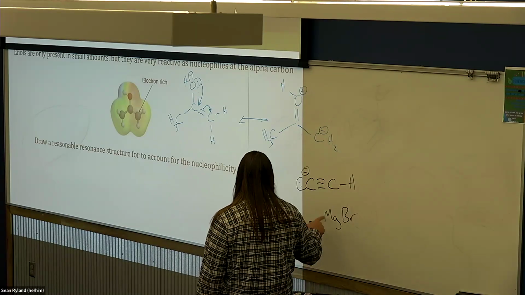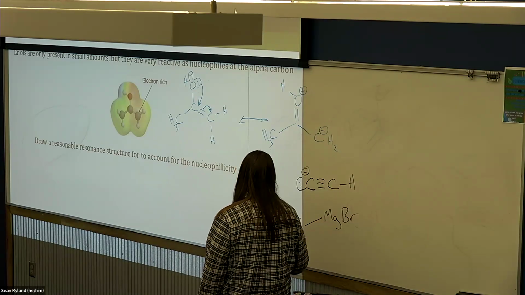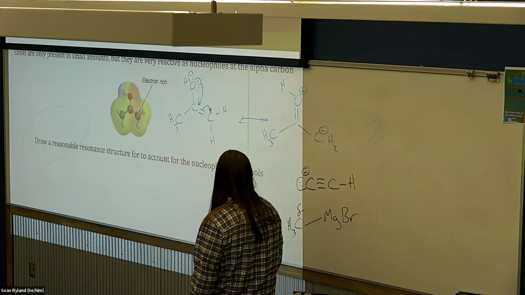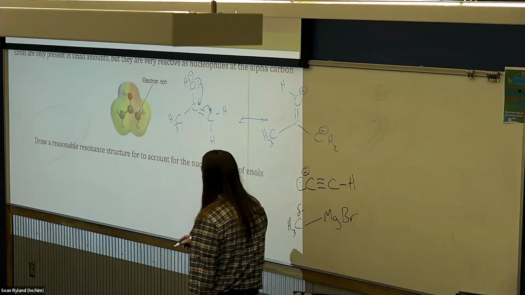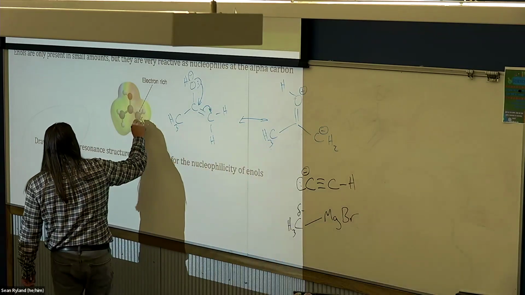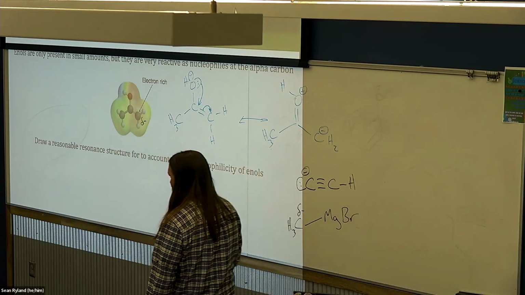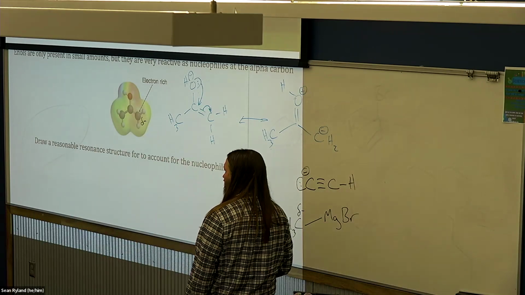We draw it as a covalent bond. This is a very weak covalent bond, but there's a very strong partial negative on that carbon. So this just gives us another way to have a partial negative on that carbon, so the carbon can act as a nucleophile.